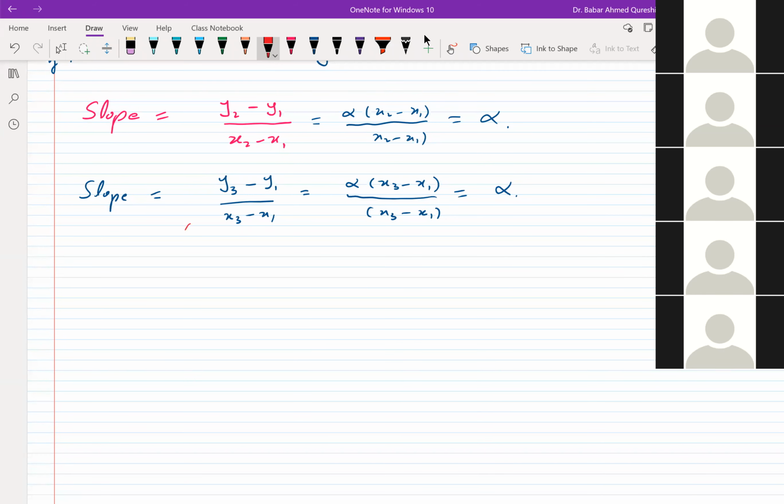But this gives me an idea that the slope can be computed using any 2 points. It doesn't matter, you always get the same answer. So then you conclude, no matter how close the points are.